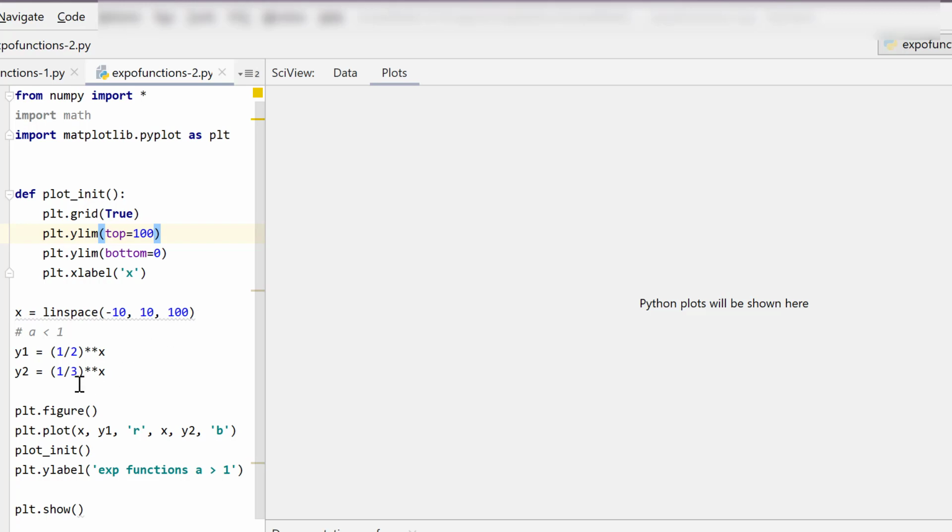And then our y1 will be 1/2 to the power of x. Our y2 will be 1/3 to the power of x. And then if we look, we plot x, y1 in red and x, y2 in blue. So 1/2 to the power of x will be in red, and 1/3 to the power of x will be in blue. Let's run this and take a look and see what happens.